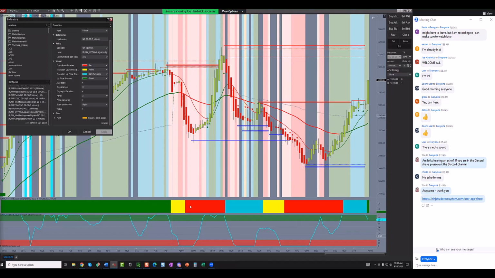So this is the multi-time frame Laguerre. This is the same thing that is built into the settings that you have in your package. This comes over from Compass.